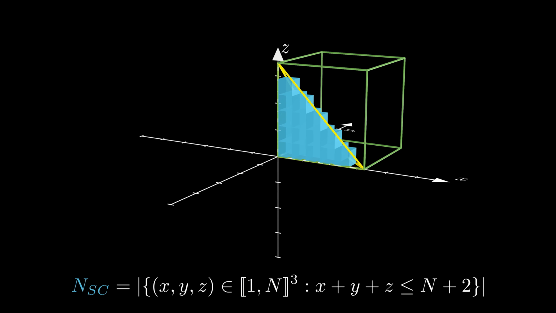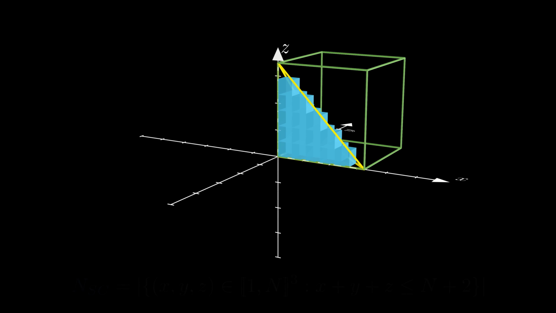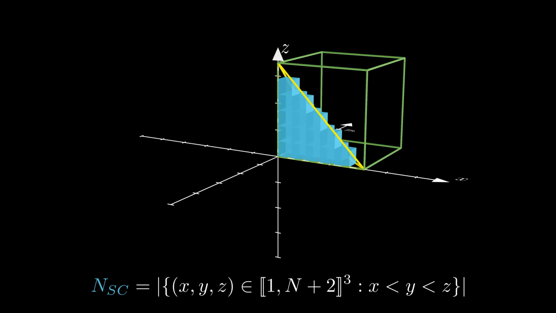But basically you can verify that this equation represents the number of small cubes in this pyramid. An alternative way to represent this set is by the set of (x, y, z) integers between 1 and n plus 2, such that x is strictly lower than y, which is strictly lower than z. Here again, you can let me know in the comments below how you find this equation.